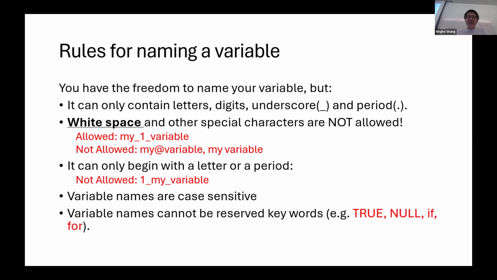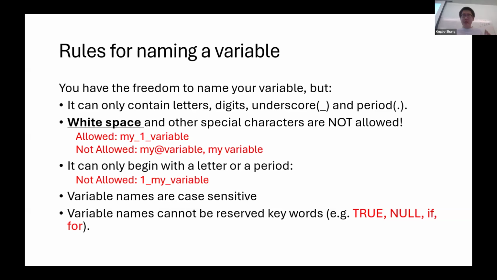So then comes a very important thing: how can you name your variable? You need to stick to certain rules. It's not 100% your own freedom. First of all, it can only contain letters, digits, underscore, and a period.